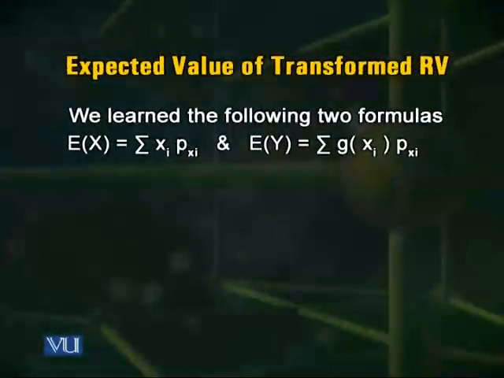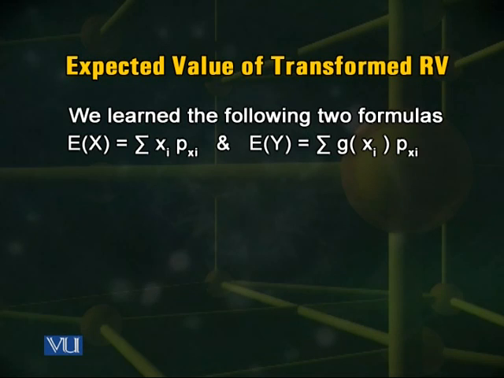In last lecture, we discussed the expected values. If you have probability mass function of x, you can find expected value of x. And to find the probability mass function of y and its expected value, you can certainly go through this route, where you first find probability mass function of y and then use that probability mass function to find expected value of y.